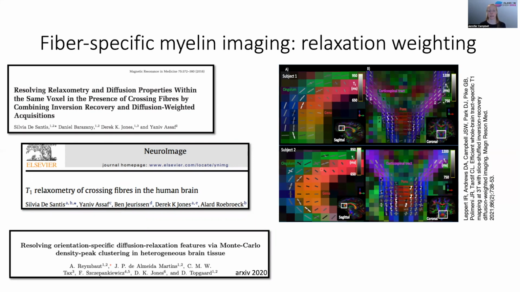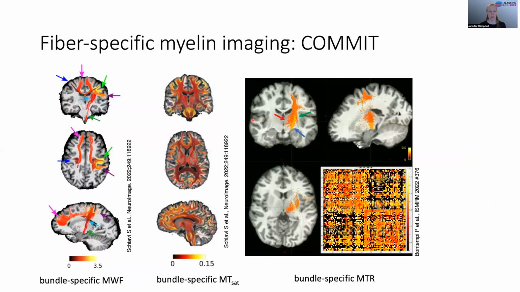And this is showing an example of the T1 along each fiber population using inversion-prepared diffusion imaging. Another approach is called COMMIT, which allows for the estimation of an MRI parameter along a streamline or bundle with the assumption that it is constant along that streamline or bundle. So this shows bundle-specific myelin water fraction, magnetization transfer saturation, and magnetization transfer ratio.